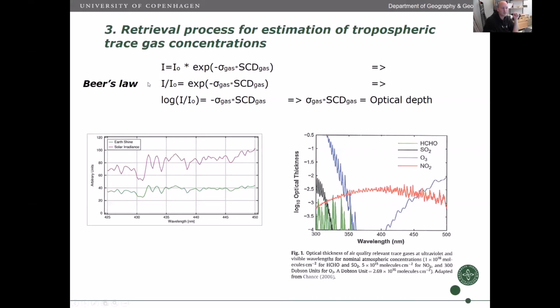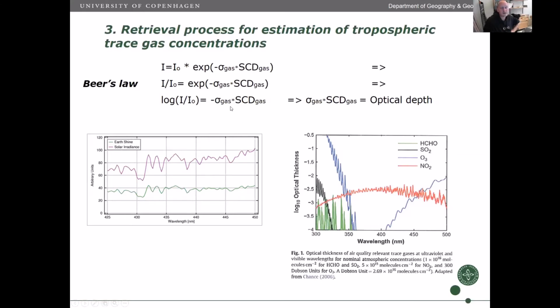So we have a negative exponential relationship between the concentration of the gas and the reflectance that we measure. Just like we showed in our little experiment before, at low concentrations there is a high reflectance, and at a high concentration there is a low reflectance.